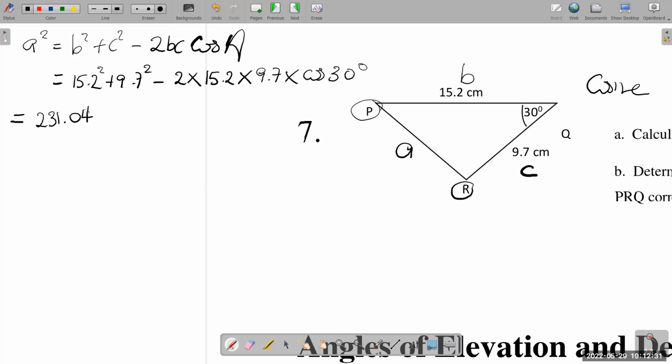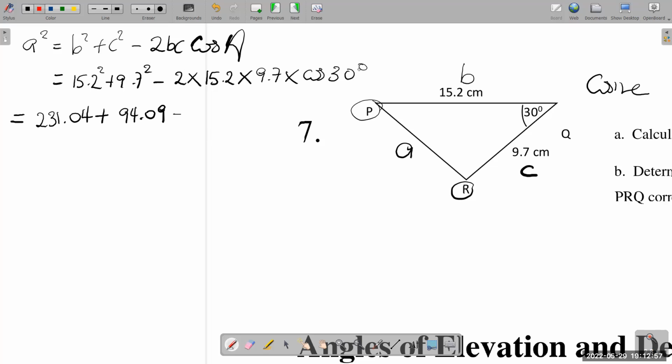I just need one other person to confirm. Excellent. 9.7 squared is... I just need one more person to confirm. 1994.04. Excellent. Next, here's how you treat this part.